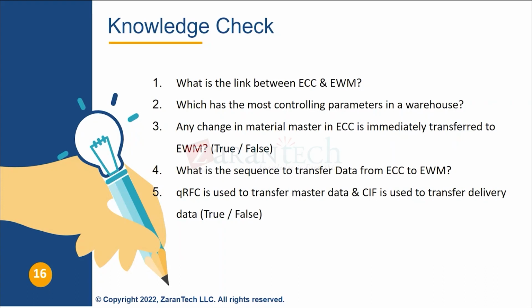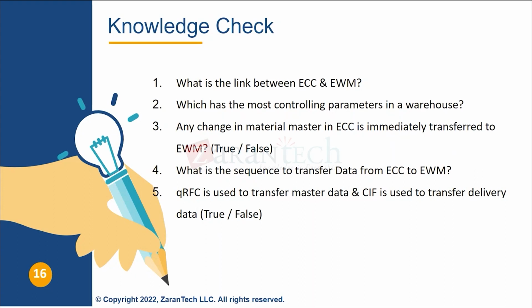But how does that work? Through distribution model, is it? Yeah, through distribution model, and as I said, in the CIF also, through the queues, it will be sent to the EWM system. Okay. But my question was, if you're changing any material, is it based on the change pointers? Only the changed materials will be sent? Yeah, the SIF transaction will calculate the change pointers for that particular product.